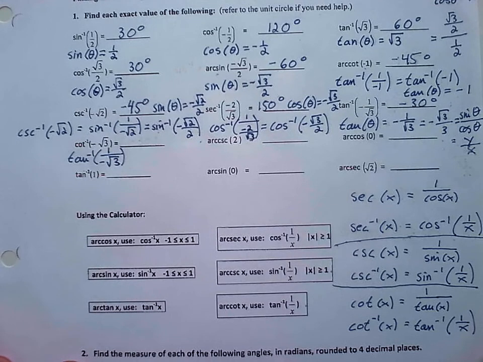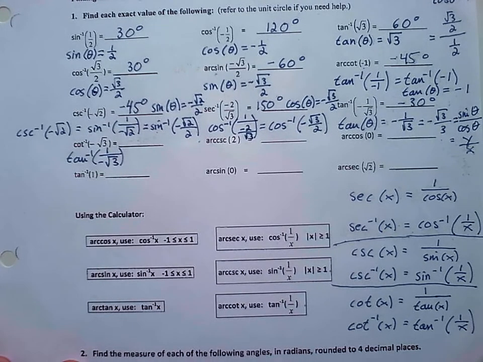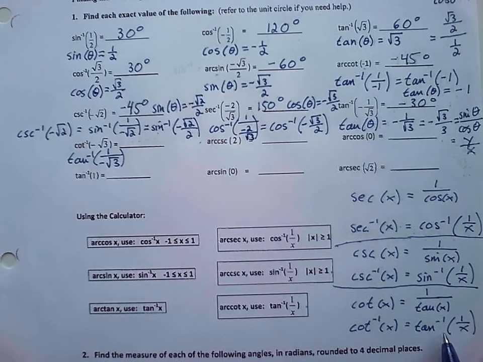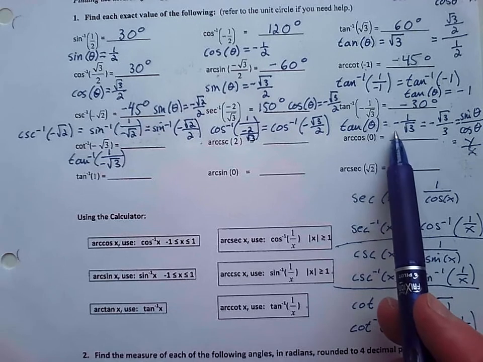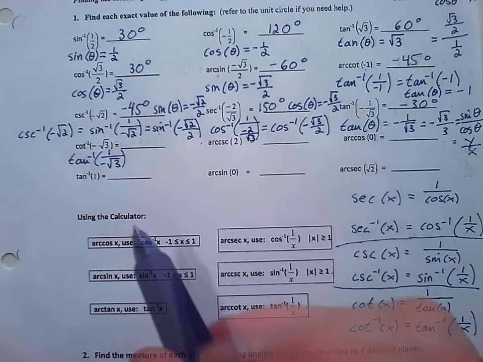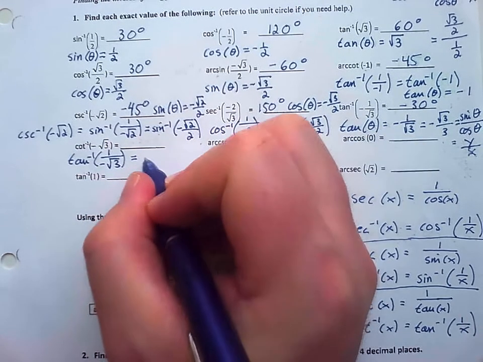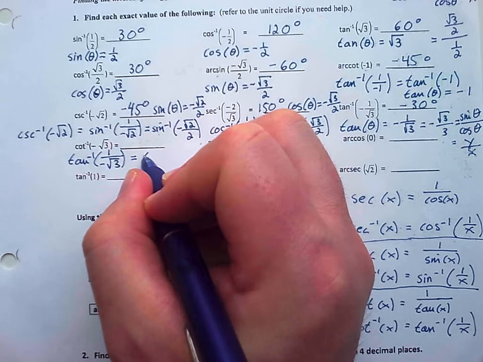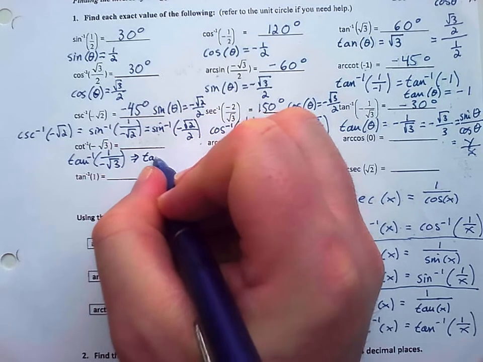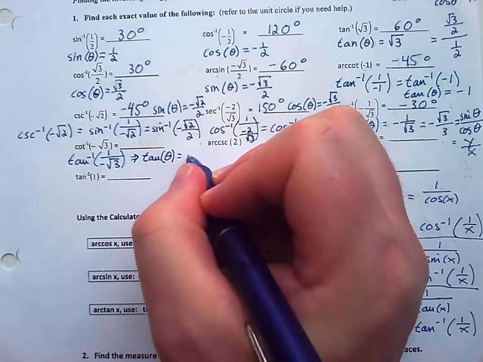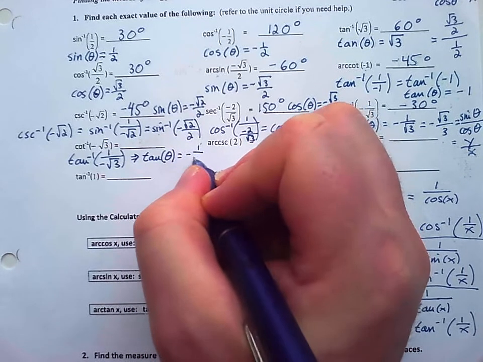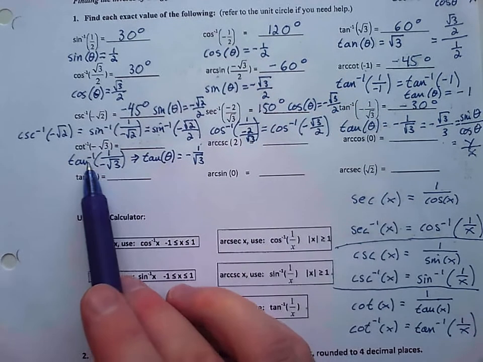I'm hoping that this looks at least a little bit familiar, because now that we can rewrite this, the arc cotangent of x being equal to the arctangent of 1 over x, we literally have the exact same thing that we had before, especially if I rewrite this as the tangent of theta being equal to negative 1 divided by the square root of 3.